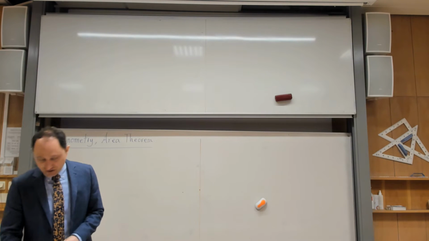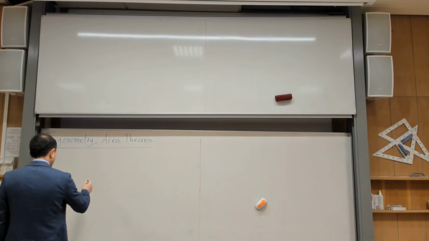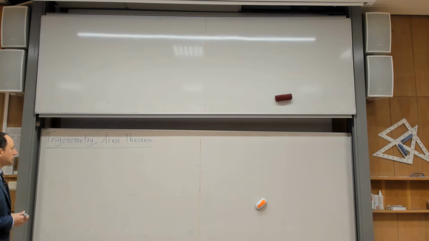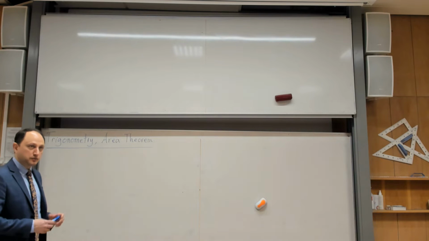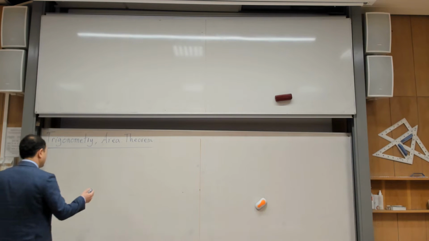So let me just start with a little bit of refreshing your memory. You know that we started trigonometry in a right angle triangle, so we defined some trigonometric values.